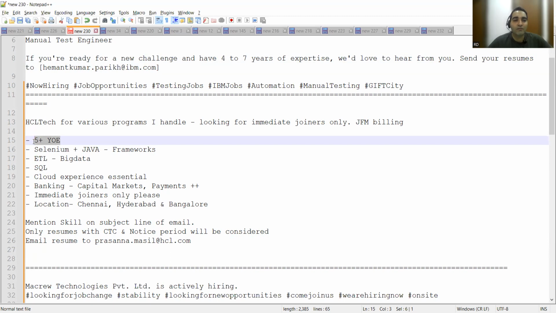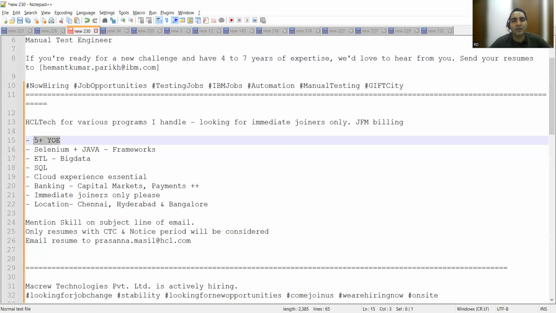They are looking for someone with Selenium plus Java, with framework knowledge of page object model, data driven, Cucumber BDD, all these things. They will be asking questions on frameworks, and the first question would be how to explain the framework in an interview. That we have covered in the digital product. Then ETL, big data, SQL, banking, capital markets, payments, and they're looking for immediate joiners.